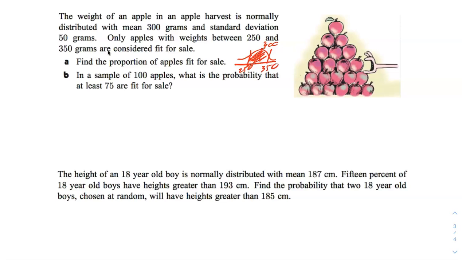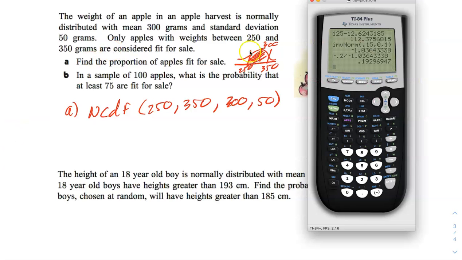So A is a normal CDF question. Lower bound's 250, upper bound's 350. My mean is 300 and my standard deviation is 50. Once you have both of them, it's one of the easier ones. It's either this or the invert normal one.